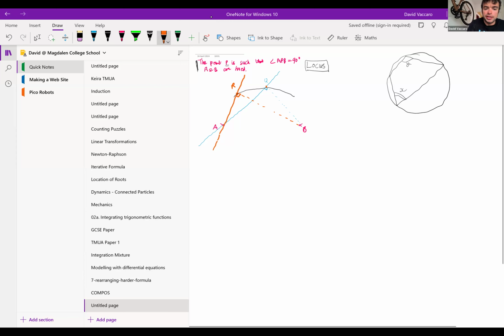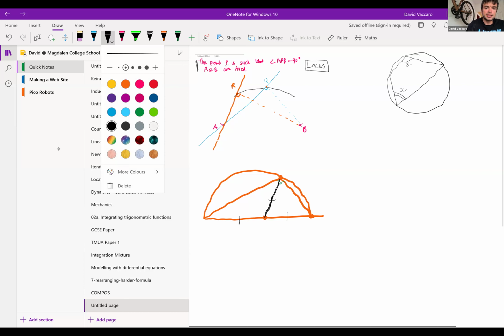Okay, so what Nag has said is that he learned at school that if we draw a semicircle, then if we take any point on that semicircle, this angle is 90 degrees. For the sake of completeness, because we are mathematicians, I will prove that fact. If I draw the radius here, then I've got two isosceles triangles.